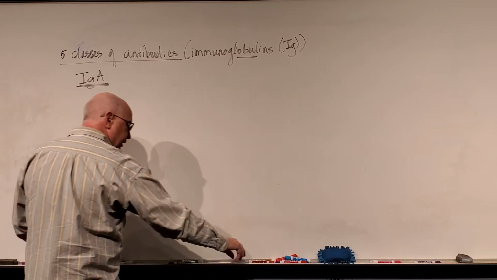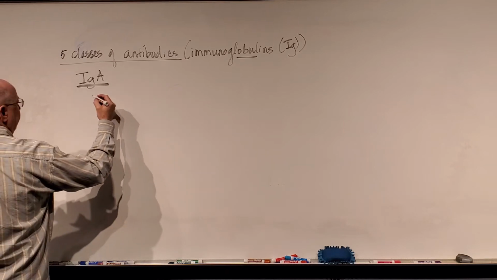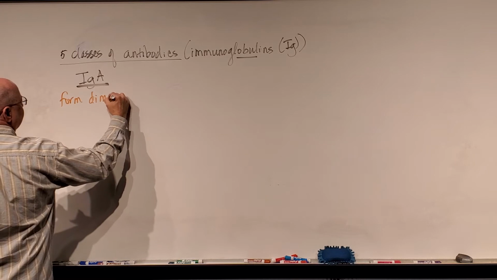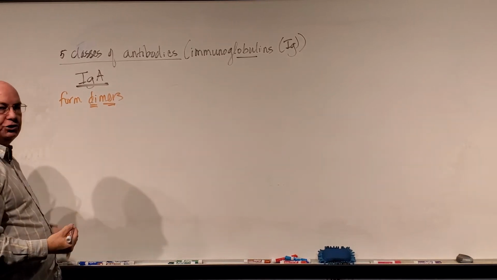So when it comes to IgA, what I want you to know is very often these form what we call dimers. Di means 2, and mer means unit.